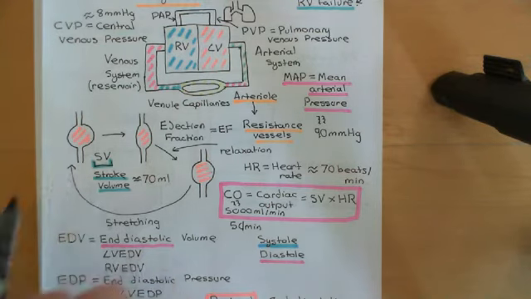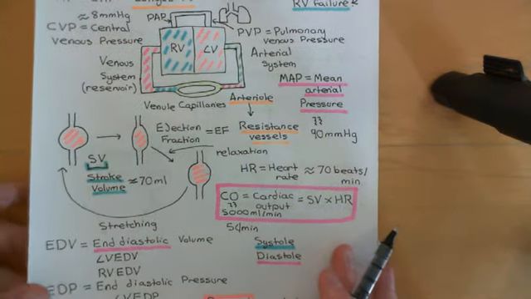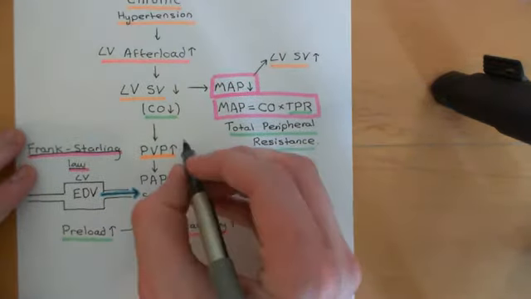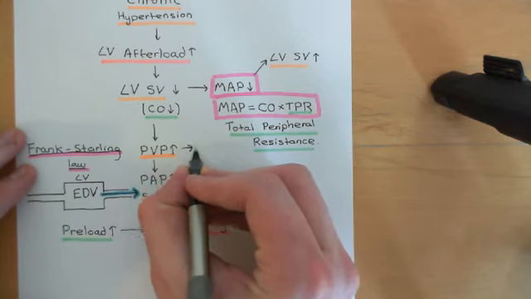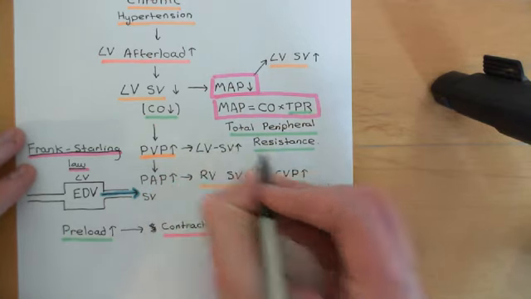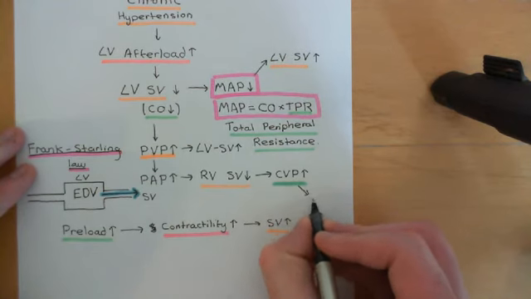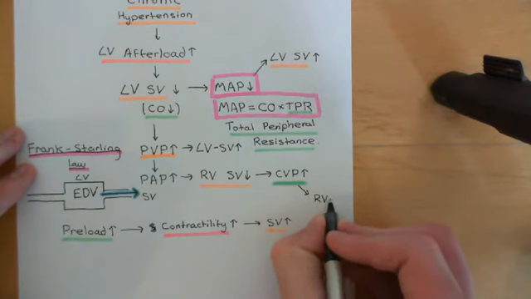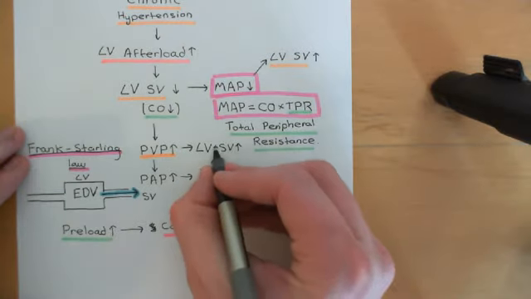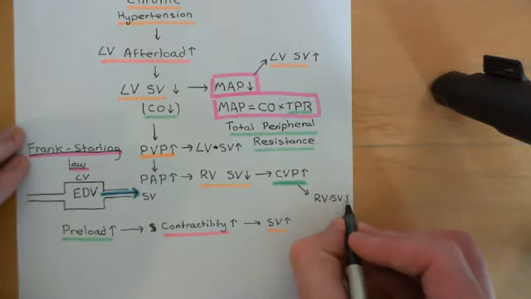That means the end diastolic volume in both the right ventricle and the left ventricle is going to increase, which then means the stroke volume is going to increase by the Frank-Starling law of the heart. So both these things help to increase stroke volume. This one helps to increase left ventricular stroke volume back up, and this one helps to increase right ventricular stroke volume back up.